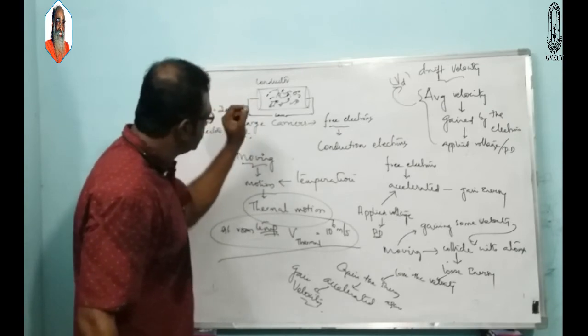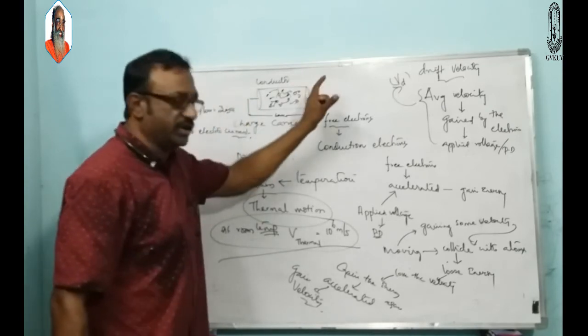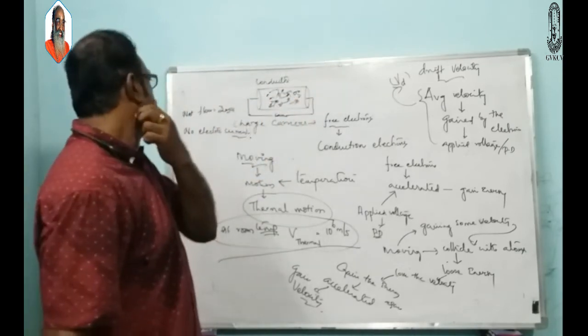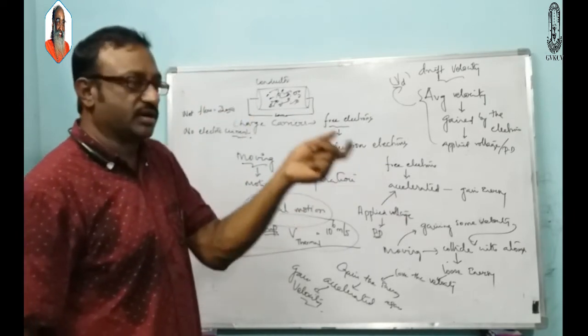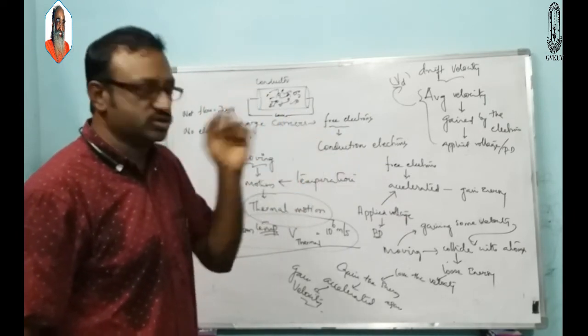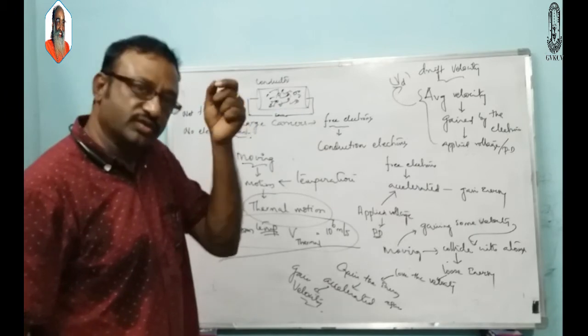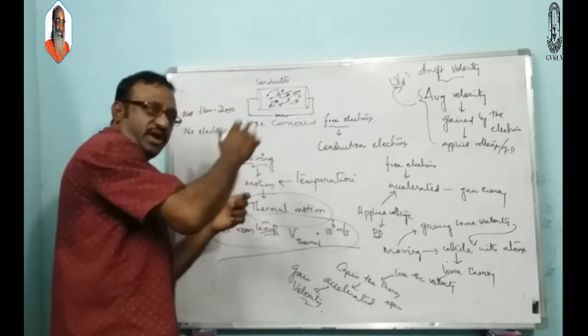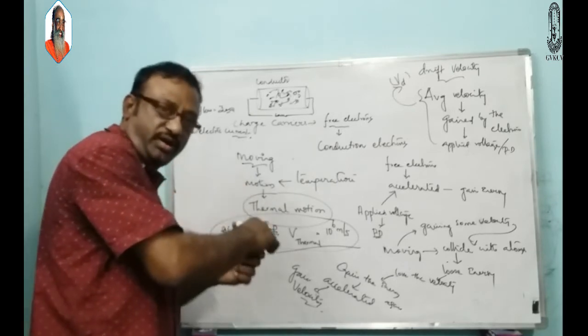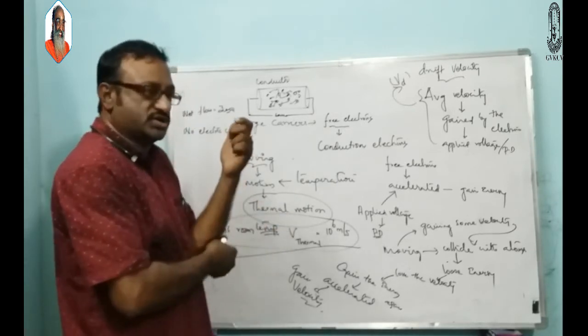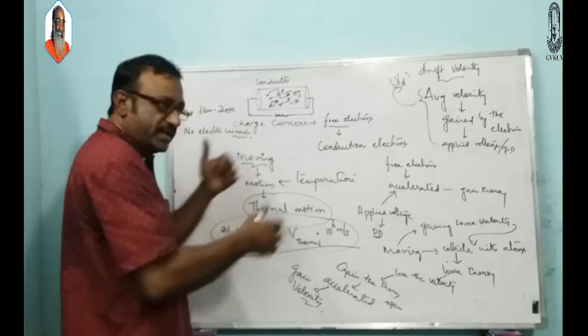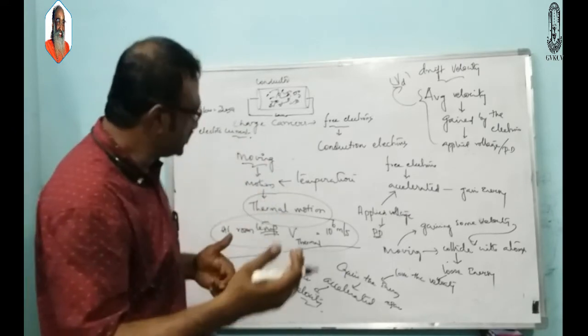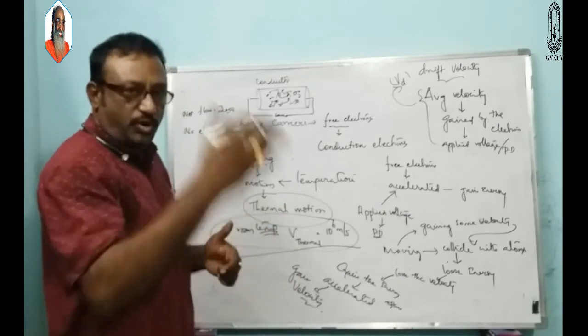They gain some velocity and collide with the atoms of the conductor. After colliding, they lose some energy and thereby lose velocity. Since the potential difference is continuously applied, they again get accelerated, gain some velocity, and this process continues.